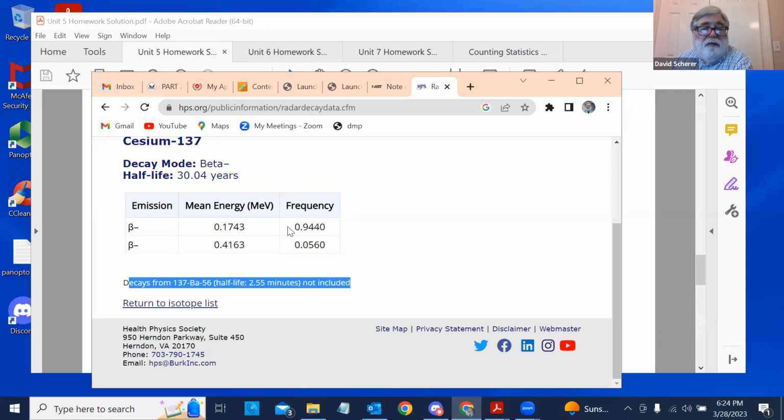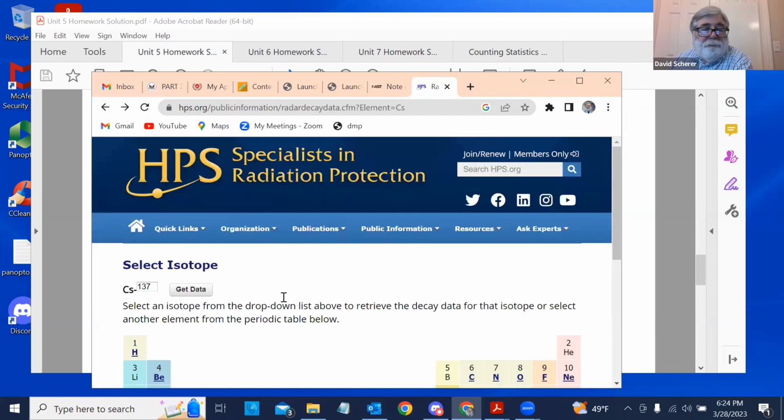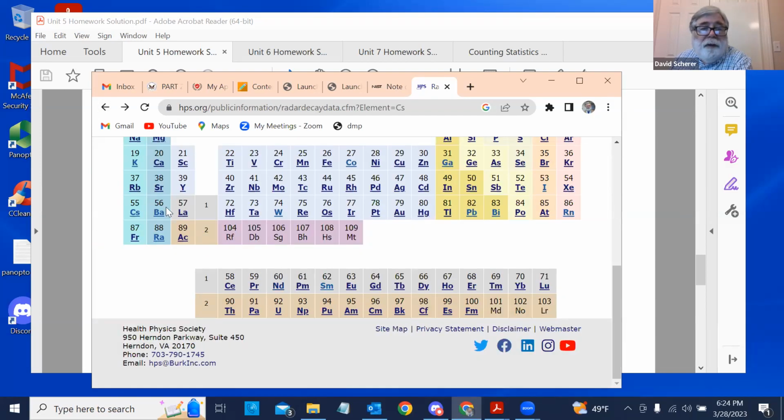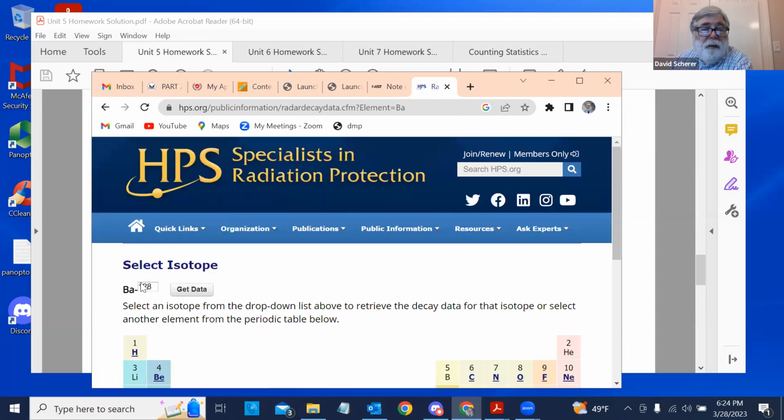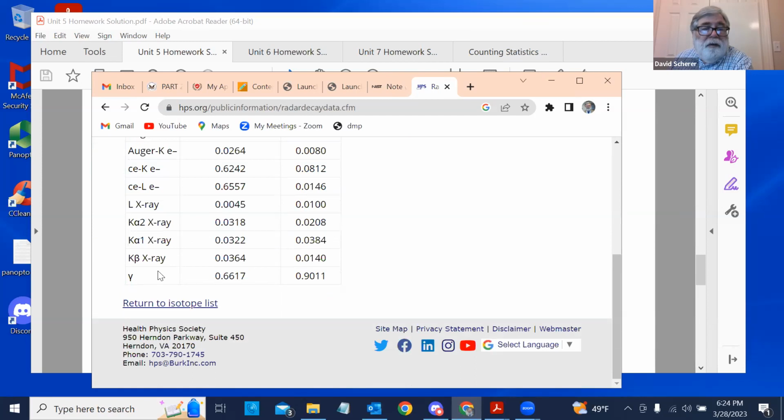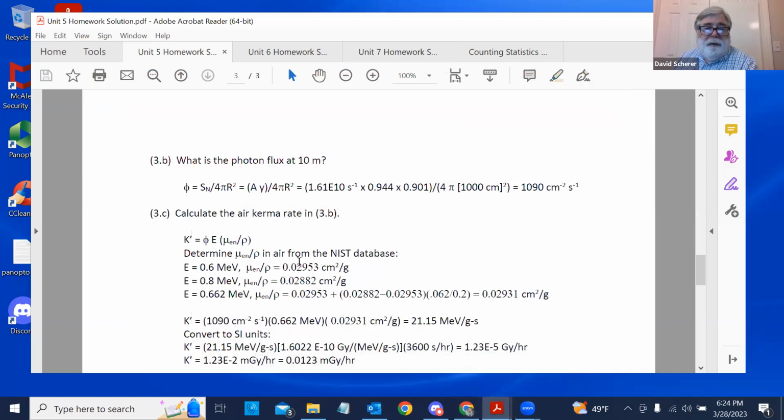So the cesium decays 95% of the time to barium-137M, and then barium-137M gives off a photon 90% of the time. So 94% of the time it goes to beta, and 90% of those produce photons. Overall, it's 85% of the time a cesium-137 decay gives me a photon.